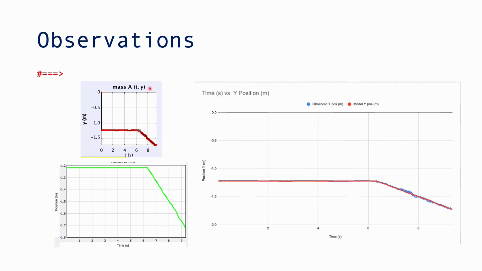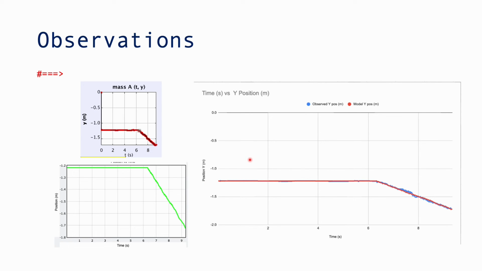The top one is the experimental model, the graph made by Tracker, and the second one is a graph of the computational model by Glowscript. And here is a comparison of both. We can see that both follow the same trend of the center of mass, which is the bottom of the slinky, staying static for the first part of the motion and then falling in the y position.